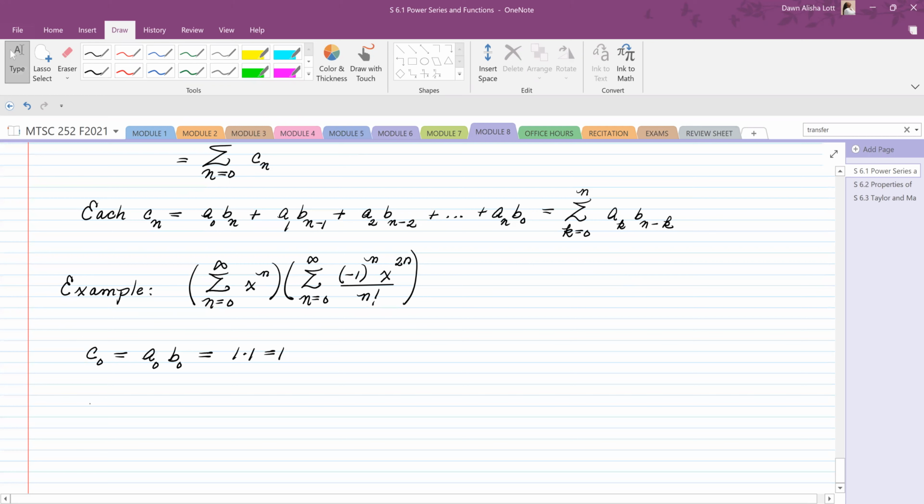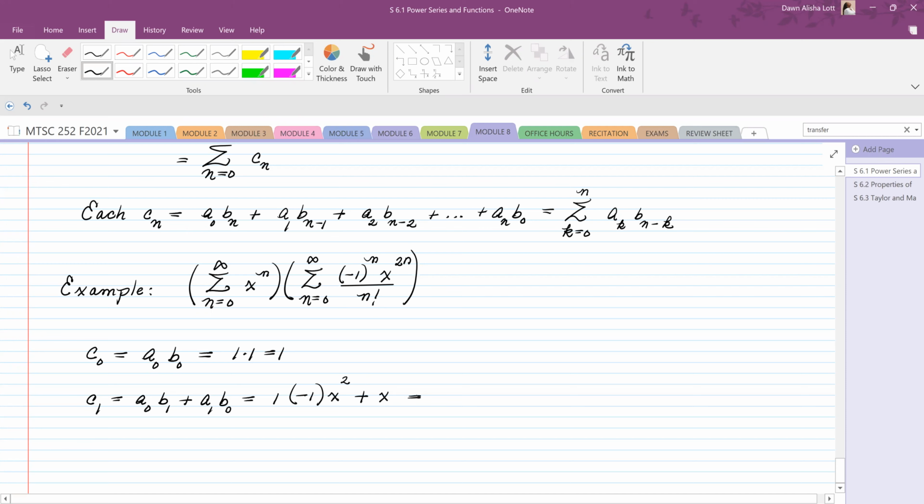c1 is going to be a naught b1 plus a1 b naught. So a naught is 1 and b1 is minus 1 x squared. And then a1 b naught is 1 and a1 is x.